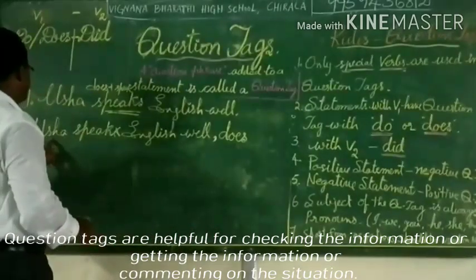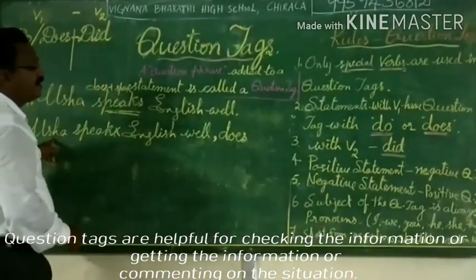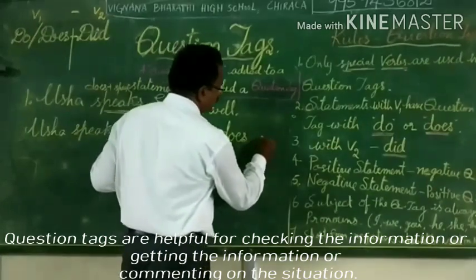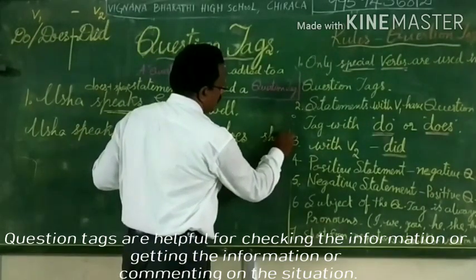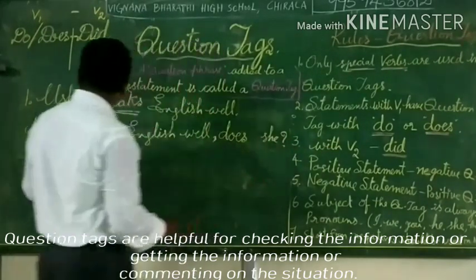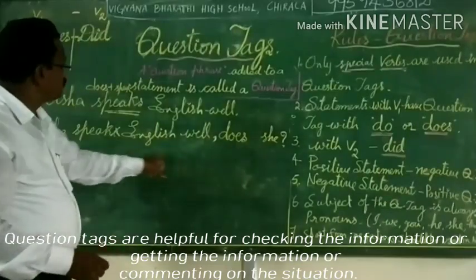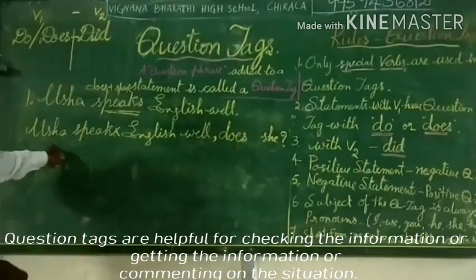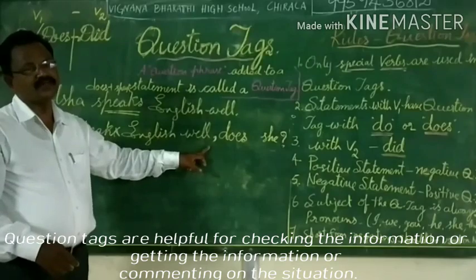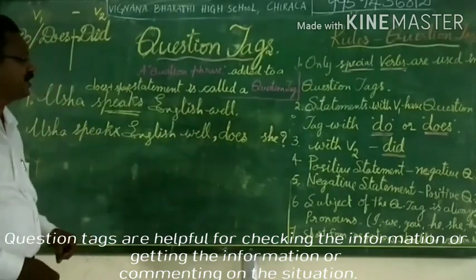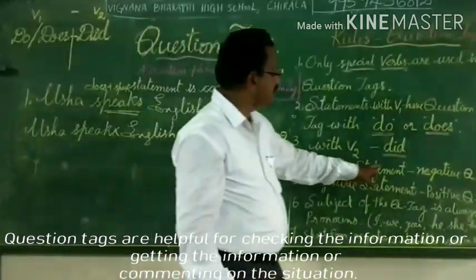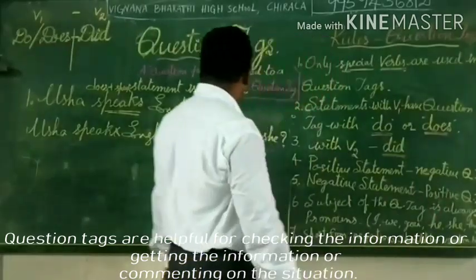Here, Usha is a girl, that is why we take the pronoun she. Question mark. Then, the statement is a positive statement. We cannot find any negative with not here in the statement. That is why, for a positive statement, what do we get? Negative question tag.